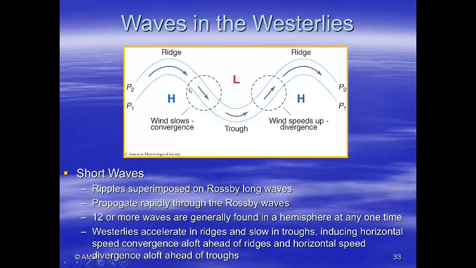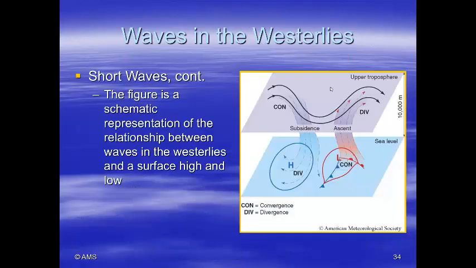So the wind is going to slow and converge as we enter into the trough, and it's going to speed up and diverge as it goes into a ridge. So we're going to see at the highs subsidence and at the lows ascent, and we're going to see convergence at the lows and divergence at the highs.